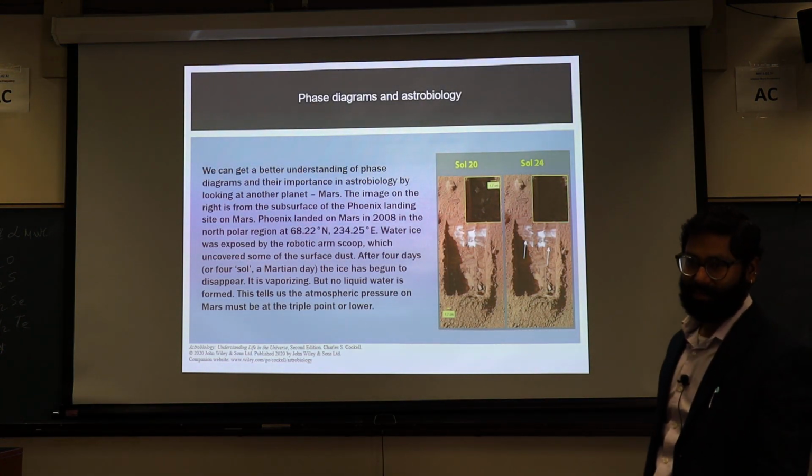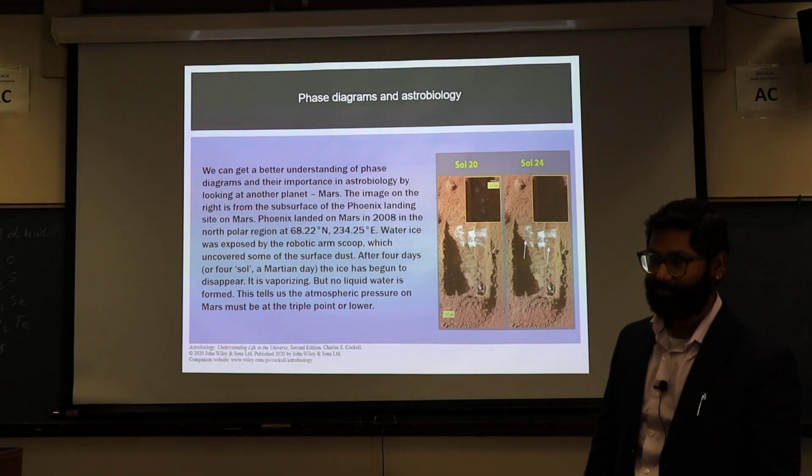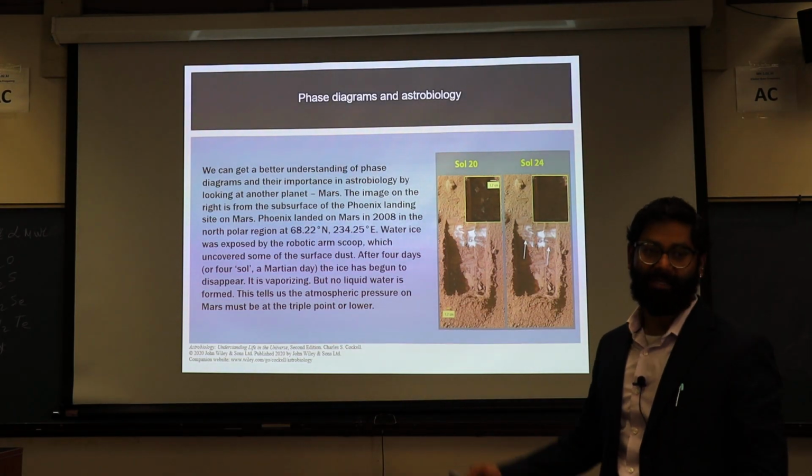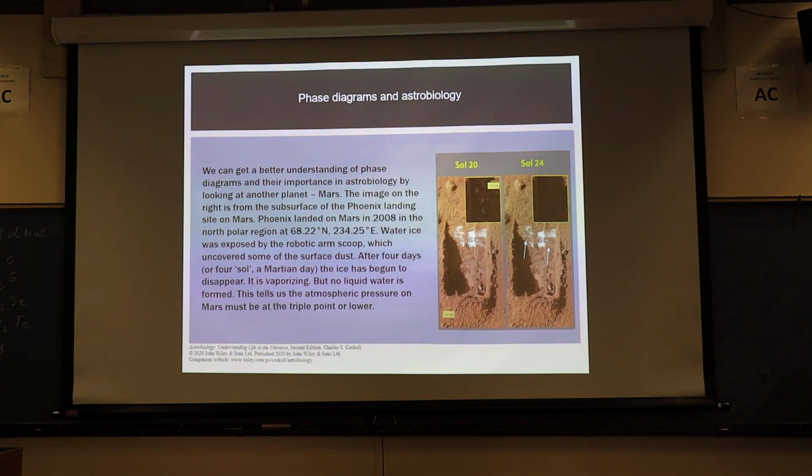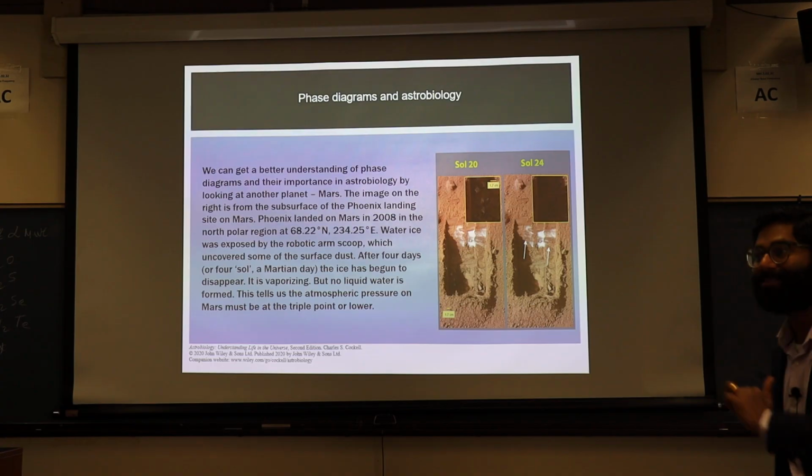Take a guess what these were? It could be a salt, it could be ice, but it was ice. Okay, there were also salts in it, but this white looking thing was water ice. You come back 4 days later, you can see that these whites were kind of not there. So what was happening is this ice that was stable was now not stable.